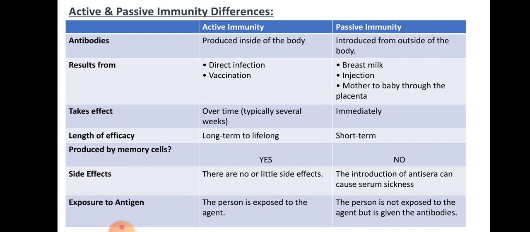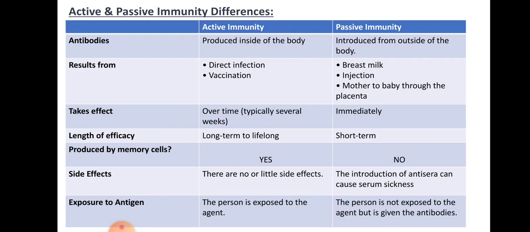Coming to the effects, active immunity takes some time, several weeks, to show effects. In passive immunity, there will be immediate effects. Coming to the fourth heading, length of efficacy: active immunity has long-term to lifelong effects, while passive immunity has short-term effects.